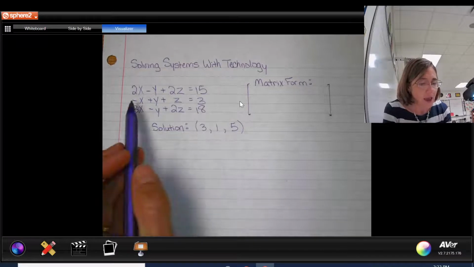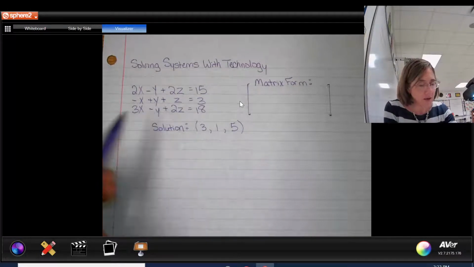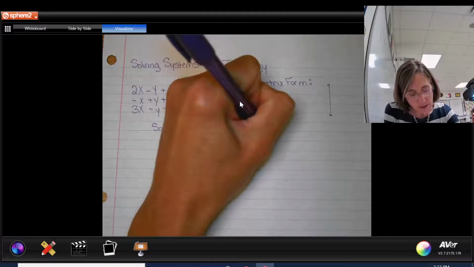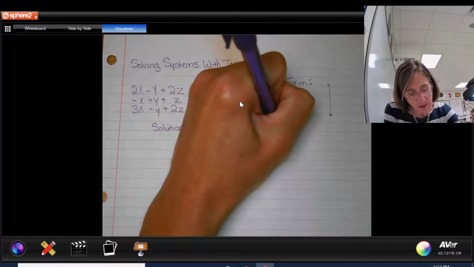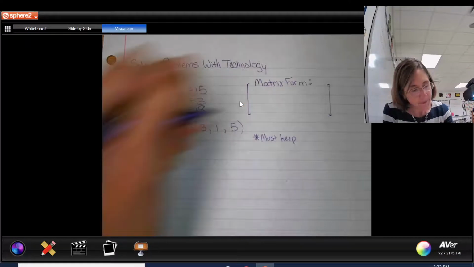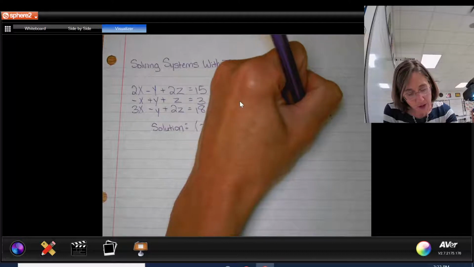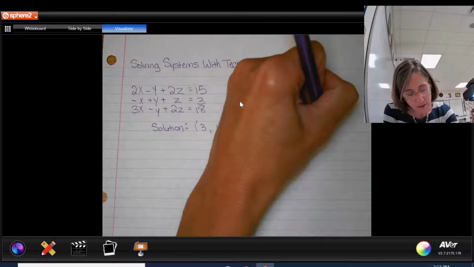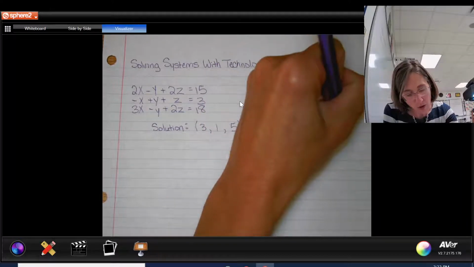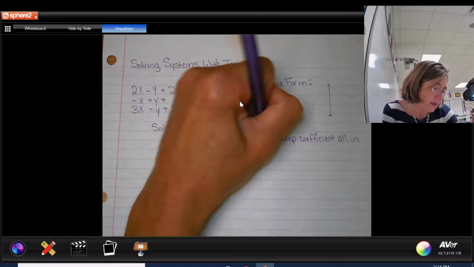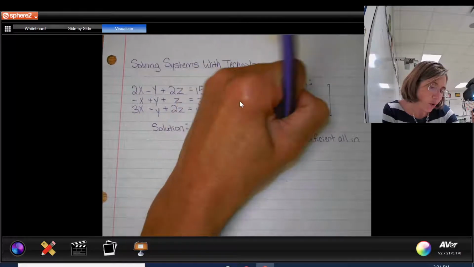Okay, and we're just going to write the coefficients. So I'll make a note here. We must keep coefficients all in the same order.